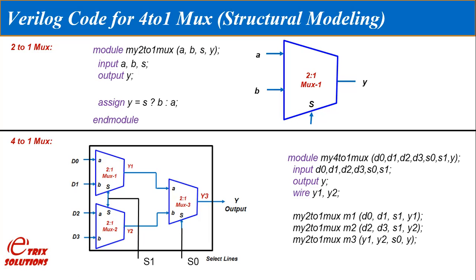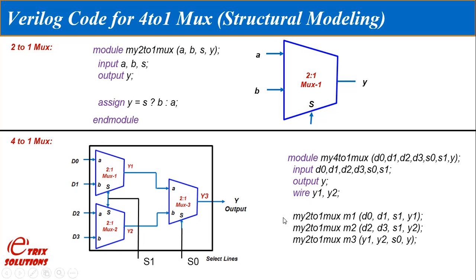The module is M3, and the order of the connection is same as the 2 to 1 multiplexer order. So you can see that Y1 is connected to A, Y2 is connected to B, S0 is connected to S, and Y is connected to the final output Y.